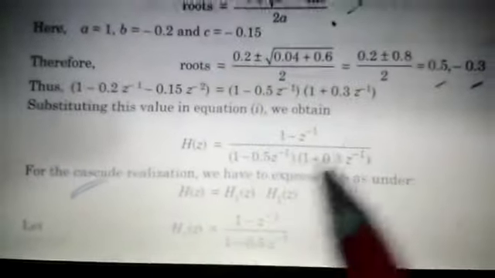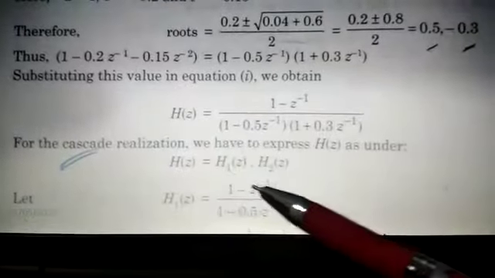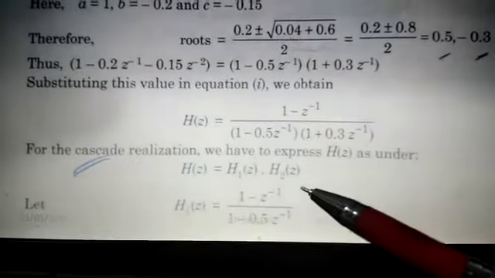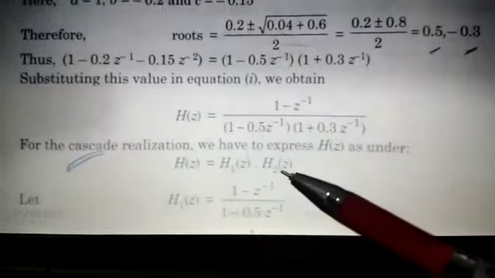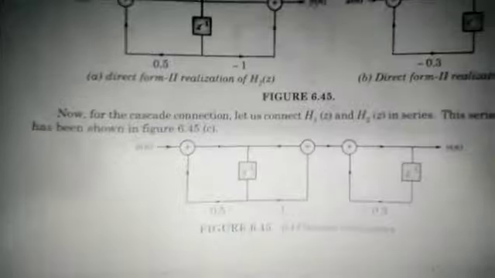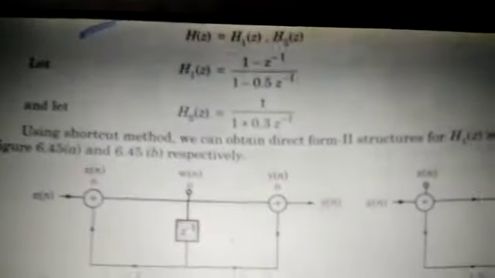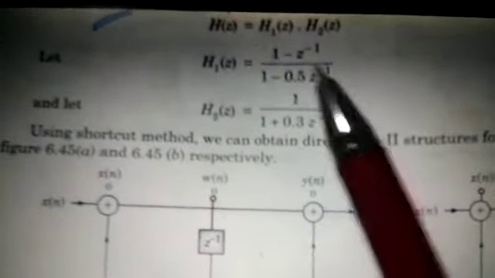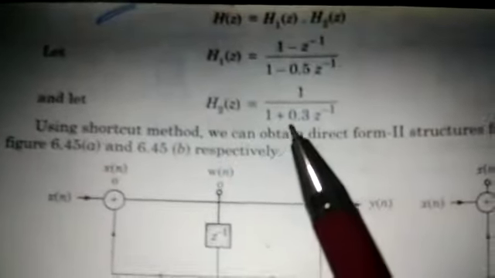So this factorization is done, and now we can express this H of z as H1 of z into H2 of z. Here, 1 minus z inverse upon 1 minus 0.5 z inverse is H1 of z. And the second, H2 of z, is equal to 1 upon 1 plus 0.3 z inverse. So these are the two factors, H1 of z and H2 of z.